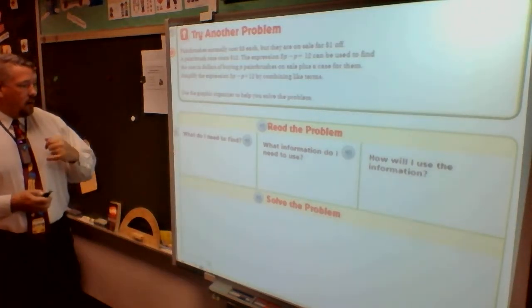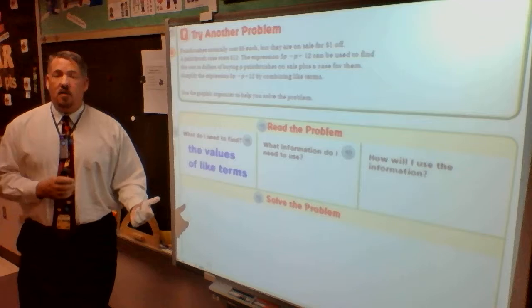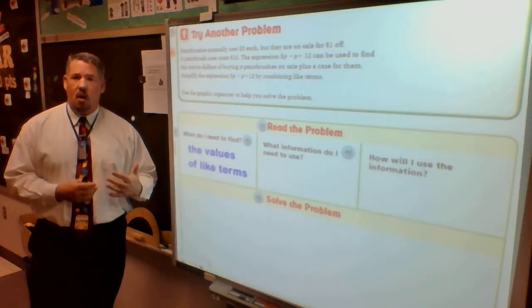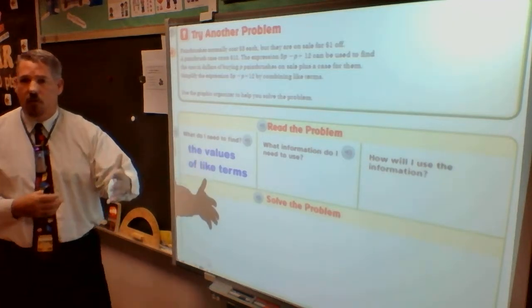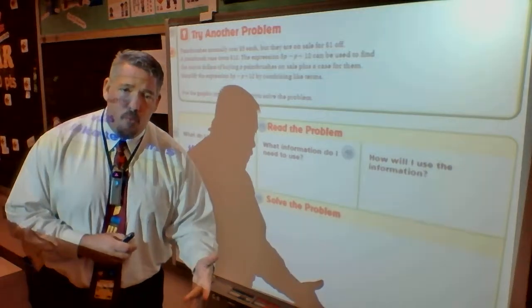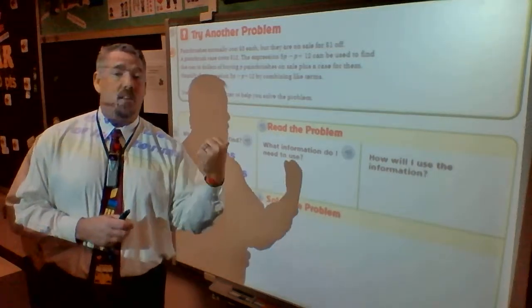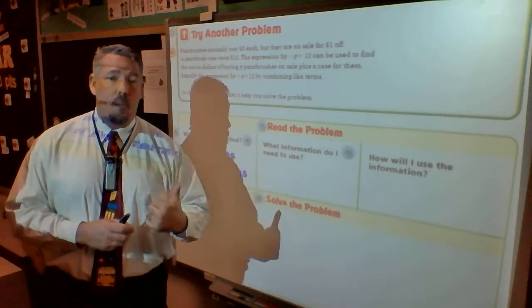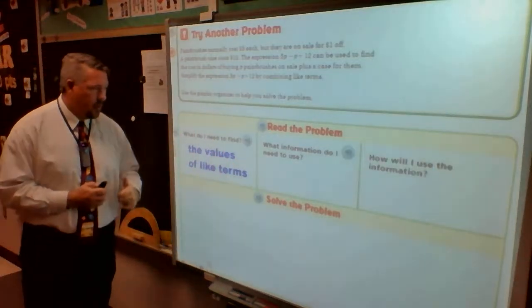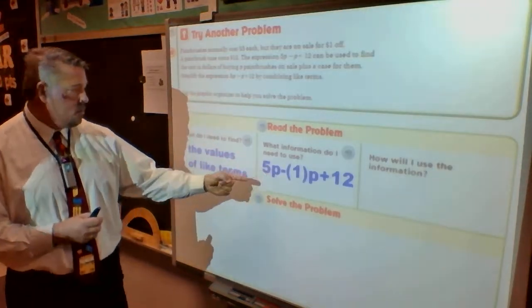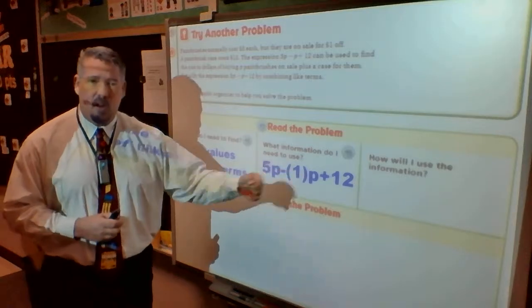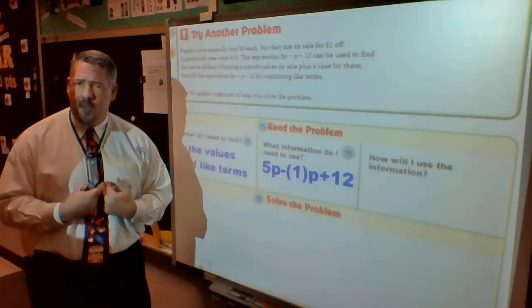What do I need to find? Well, I need to find the values of like terms, right? That's where I'm going to start, because I'm just simplifying my expression. Did it ask me to solve? No. I'm not asked to find the answer to the question. I'm asked to simplify the expression. What information do I need to use? Well, I need to use the 5p minus p. Now notice I put the 1 in parentheses.